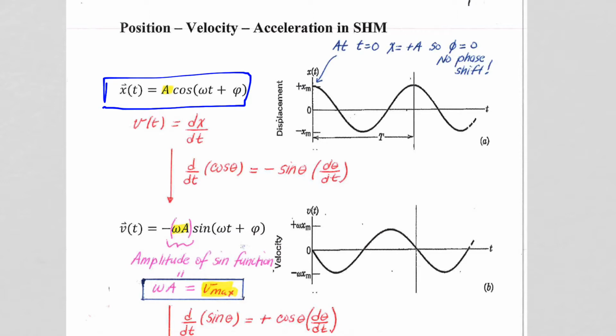And if we start at time t equals 0, that will correspond to no phase shift. So phi equals 0. The phase shift always refers to the starting point. So at time t equals 0, the only thing you have left in the phase is the shift term.